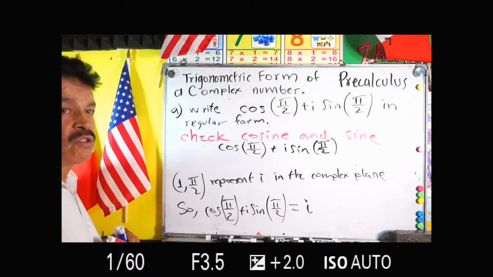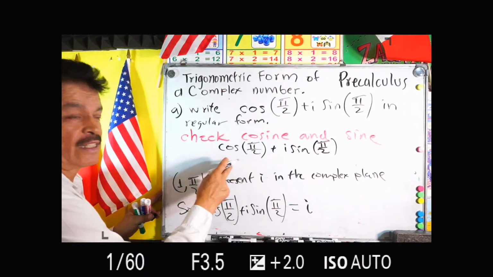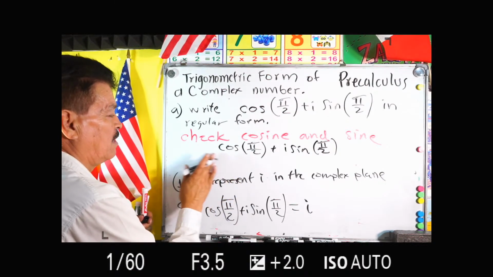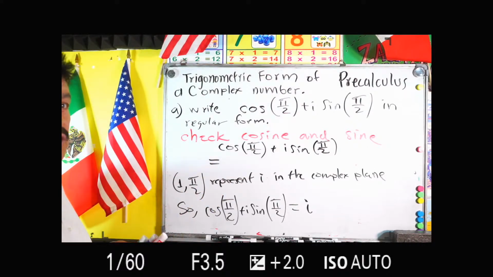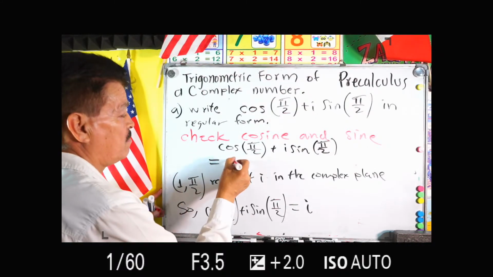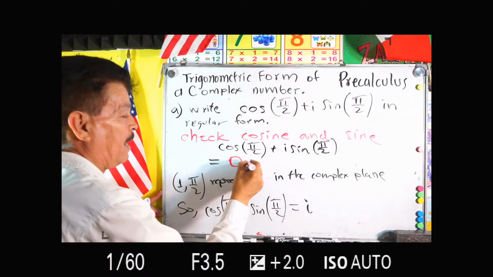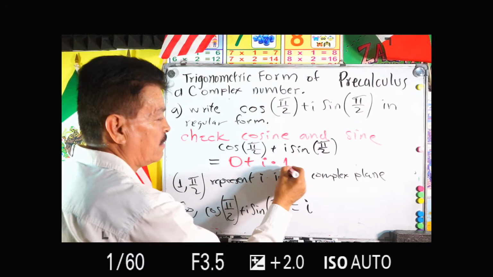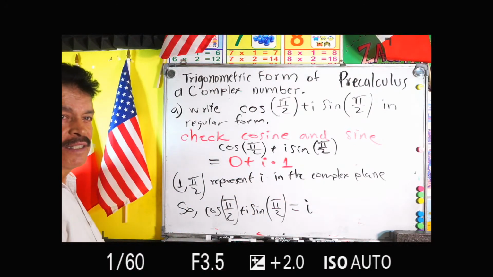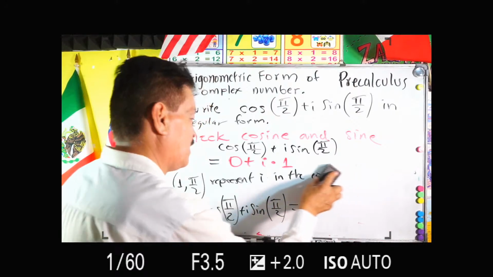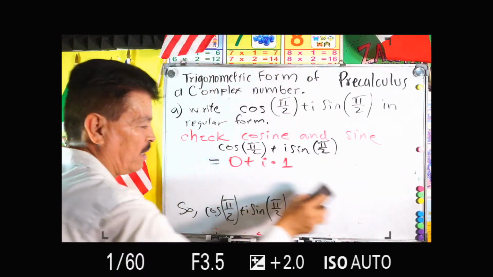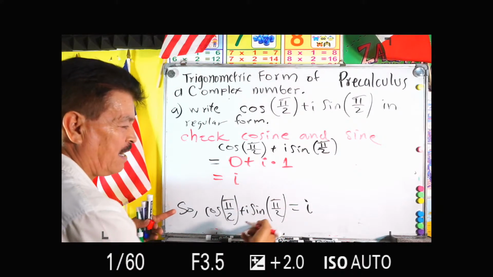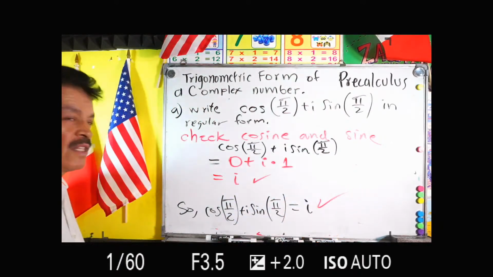How do we solve this? This equals 0 plus i times 1. So what is the answer? You want to check, which is a proof. So this equals i. Same, right? That's the solution.